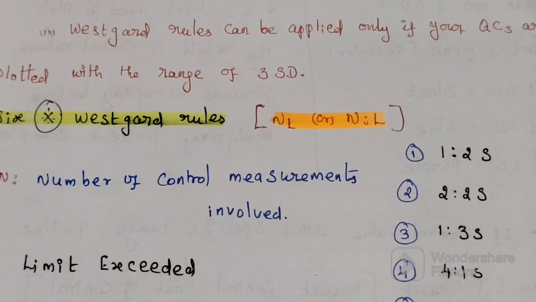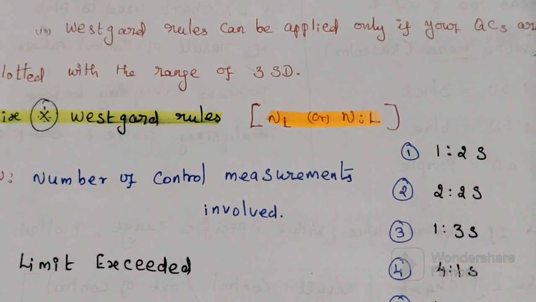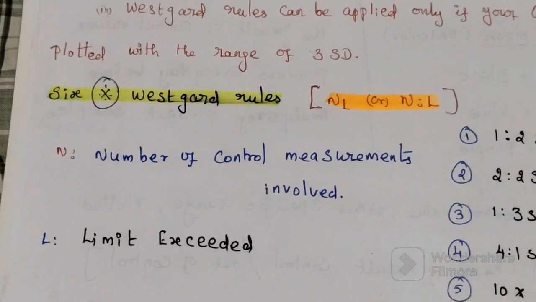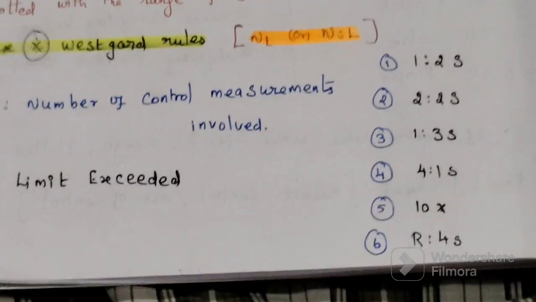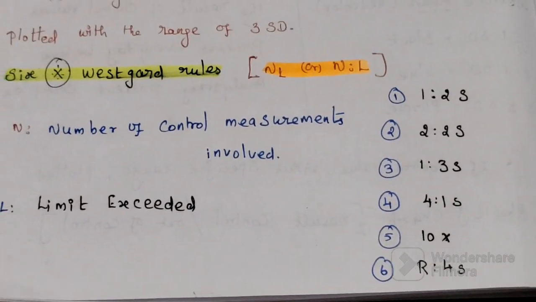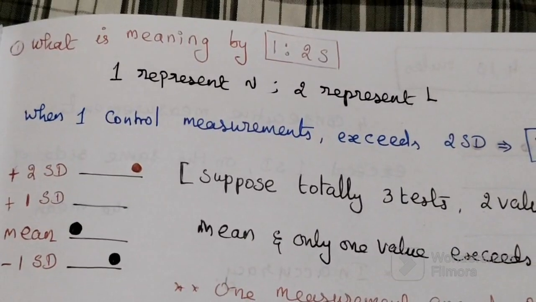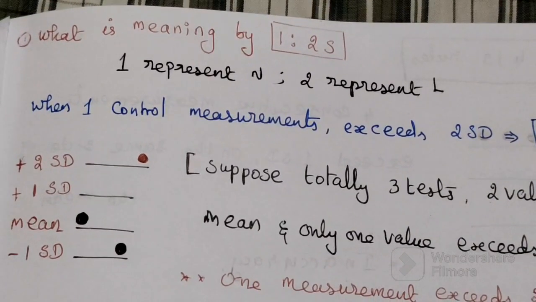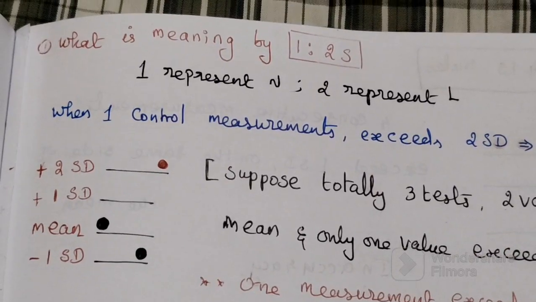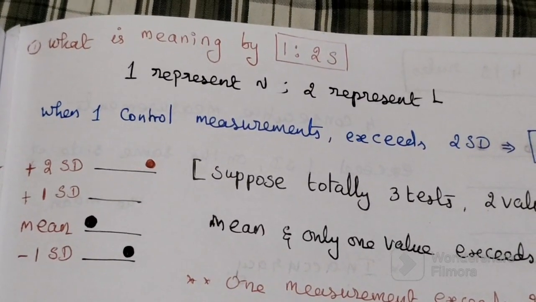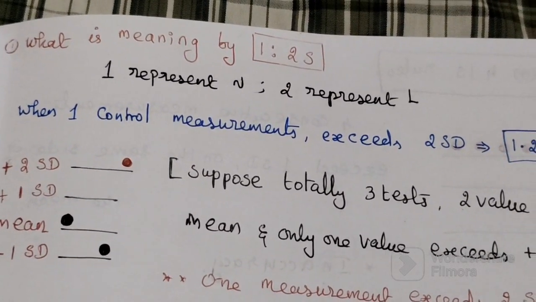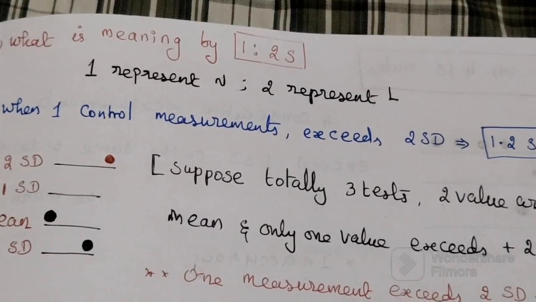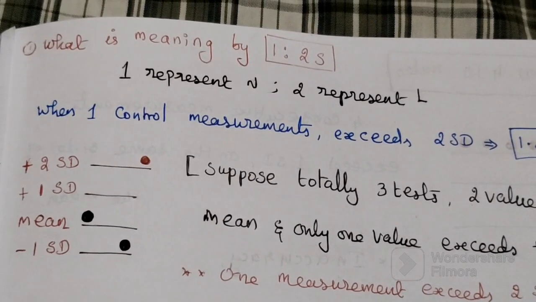What is the meaning of 1-2s? Okay, the 1 represents N and the 2 represents L. What is N?